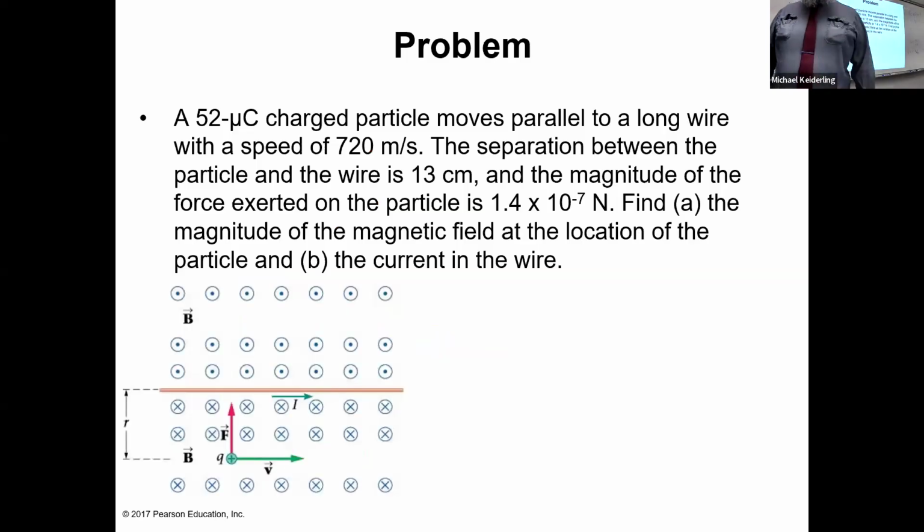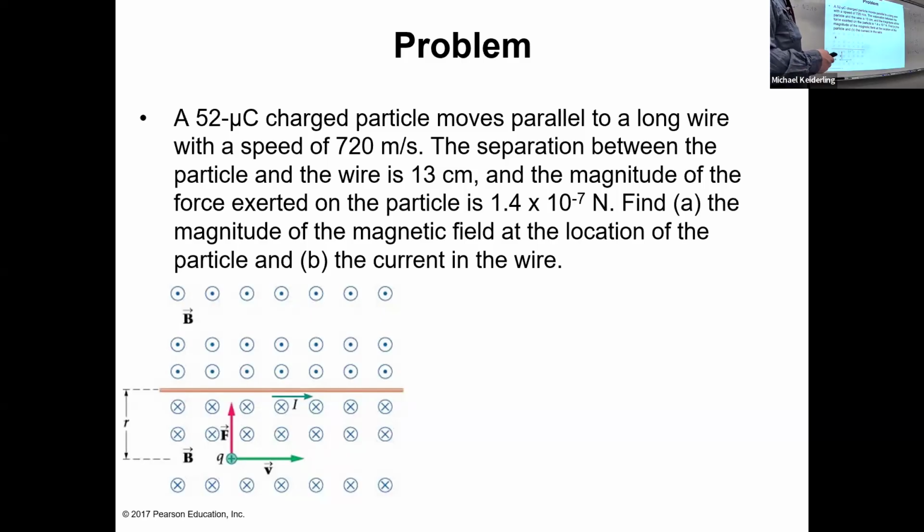Here we have a 52 microcoulomb charged particle that moves parallel to a long wire with a speed of 720 meters per second. The separation between the particle and the wire is 13 centimeters, and the magnitude of the force exerted on the particle is 1.4 times 10 to the minus 7 newtons. So find the magnitude of the magnetic field at the location of the particle and the current in the wire.